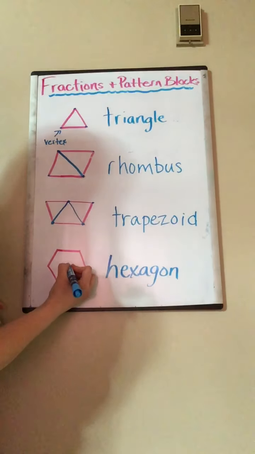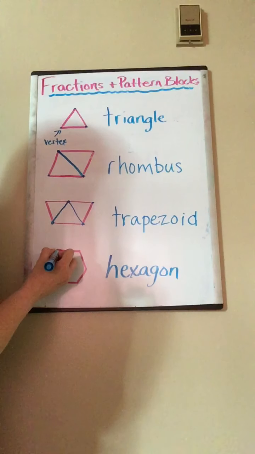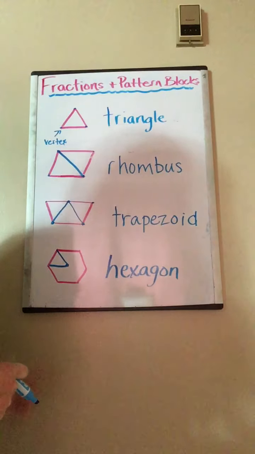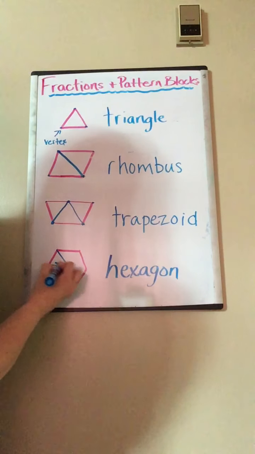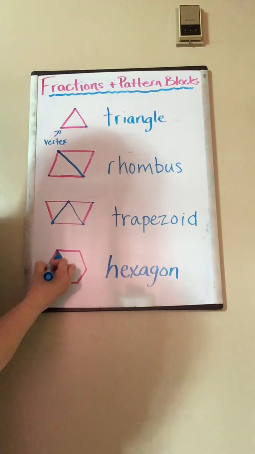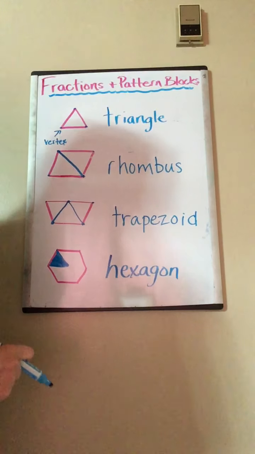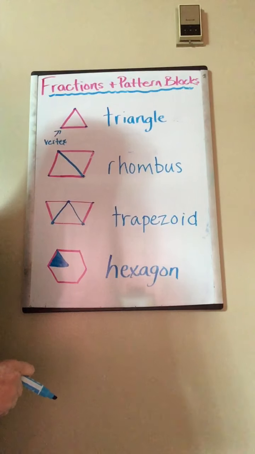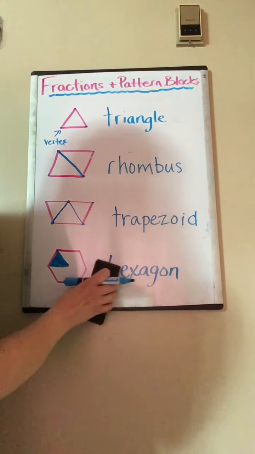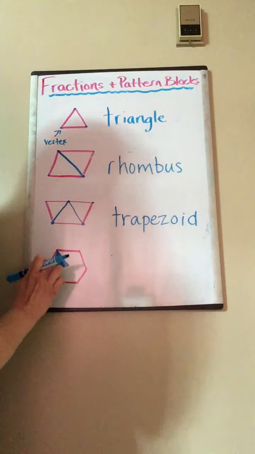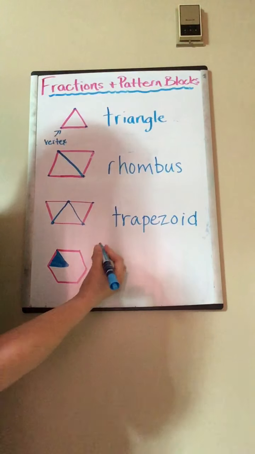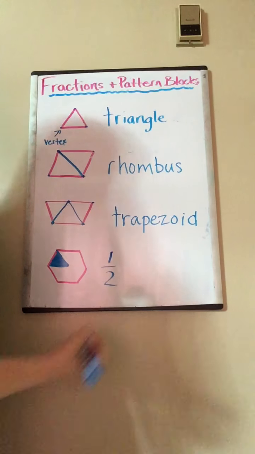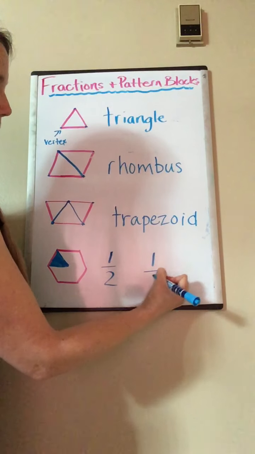If I put my dot in the middle and I draw 1 triangle on my hexagon and I shade it, what would be the fraction for that part right there? We know this is a hexagon, so I'm going to erase this. What is the fraction for this part? Is it 1/2? Or is it 1/6?